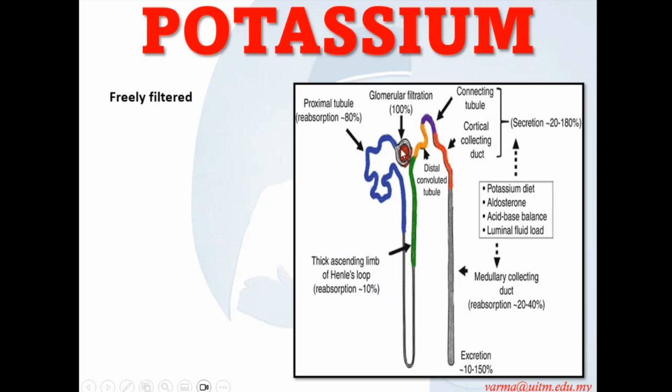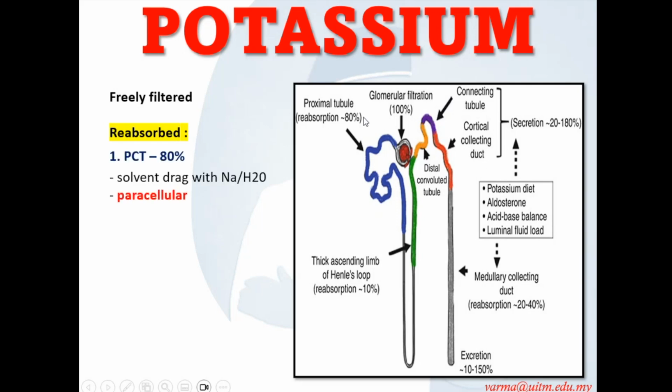So it is 100% freely filtered, and reabsorbed 80% in the proximal tubule, around 10% in the thick ascending limb of the loop of Henle, and then the remaining 10% depends on the potassium concentration, where it will be secreted, from 20 to 80%, in the collecting tubule and collecting duct, or excreted based on the serum potassium level.